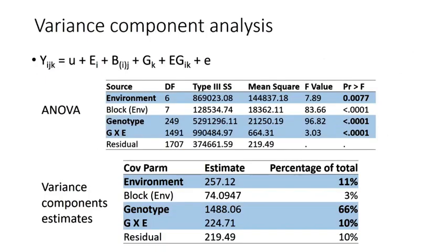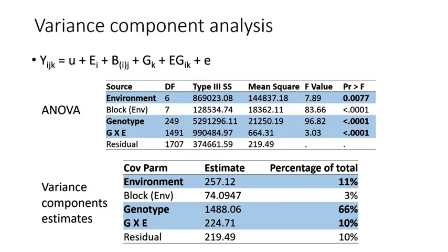First, I did the variance component analysis based on my model. The ANOVA table shows that environment, genotype, and G by E all have a significant effect in determining the final phenotype. Next, I looked at how much each component contributes.